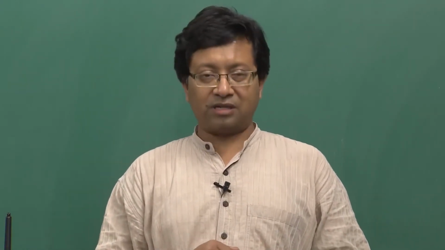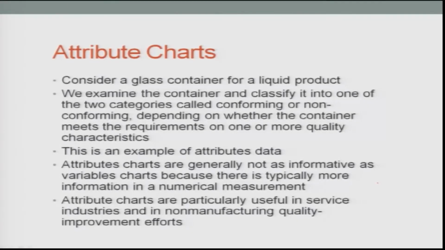So, they would be subjective, and based on the subjectivity you have to do your analysis accordingly. Attribute charts are particularly useful in service industries and in non-manufacturing quality improvement efforts, where they are important, they would be utilized.